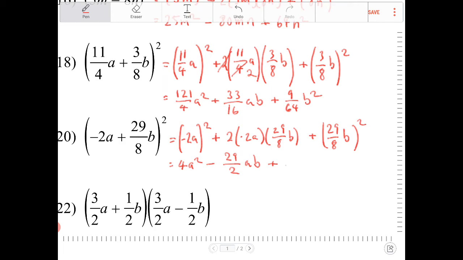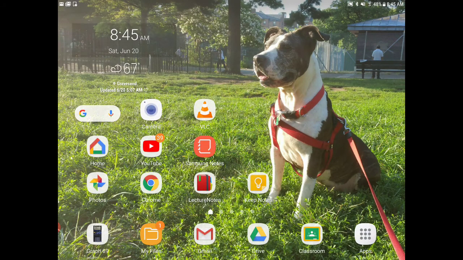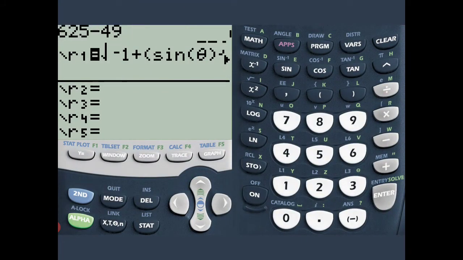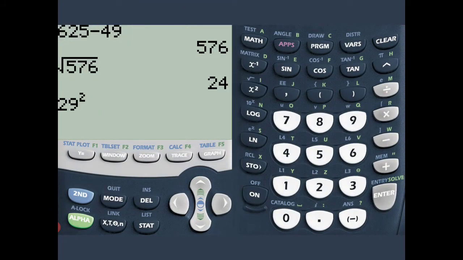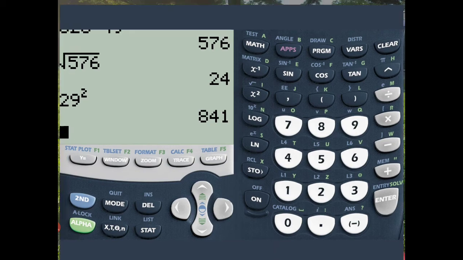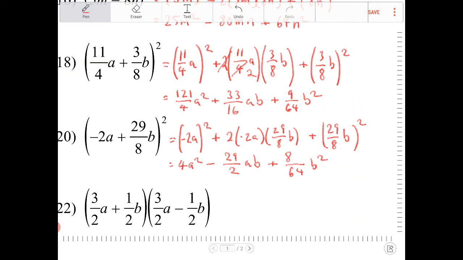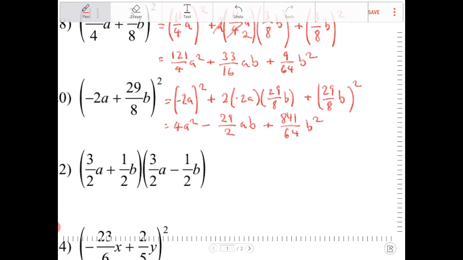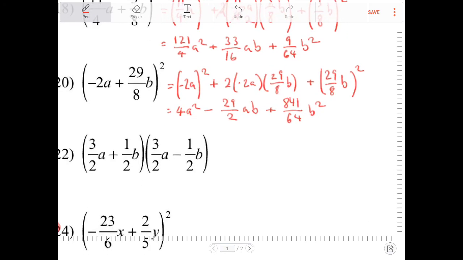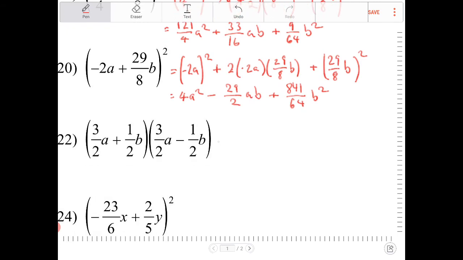I don't know what is the perfect square of 29, but let's see here. 29 squared comes out to 841. So this is going to be 841/64 b squared. Even math teachers need a calculator every now and then.